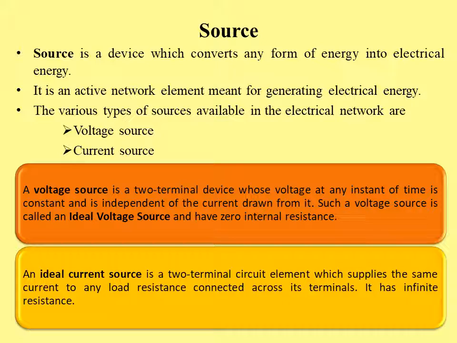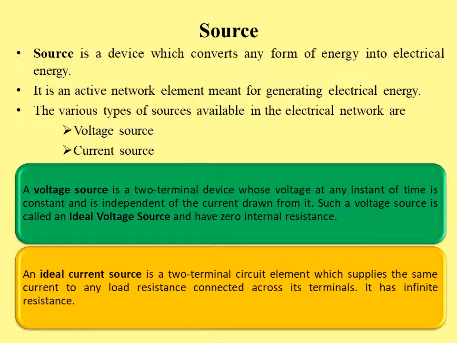Now, a voltage source is a two-terminal device whose voltage at any instant of time is constant and is independent of the current drawn from it. It means if we draw any current from that voltage source, the voltage will remain constant.